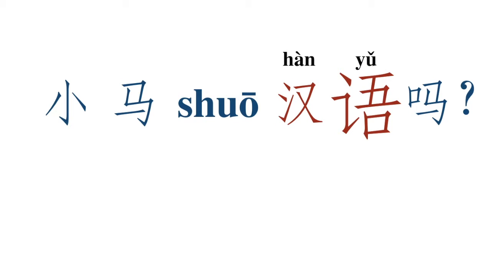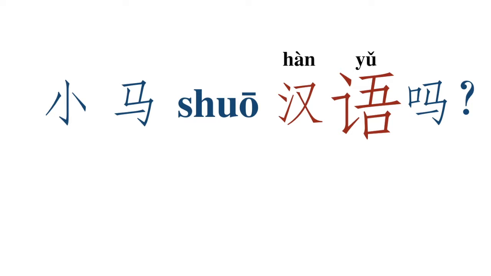Very well. Next, let's go for 语. The character 语 means language. We will see it in the language names, like English, Portuguese, French, whatever. In the case of 汉语, it's the Han language, that is Chinese. What are its components?